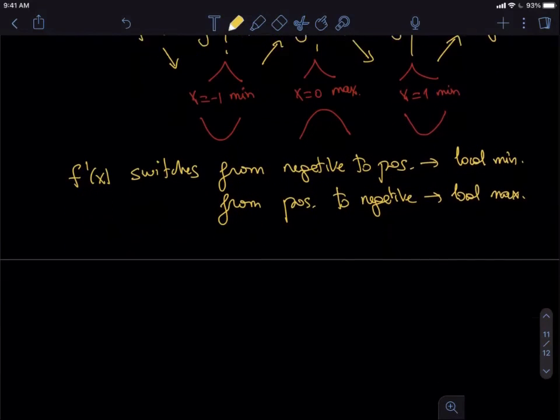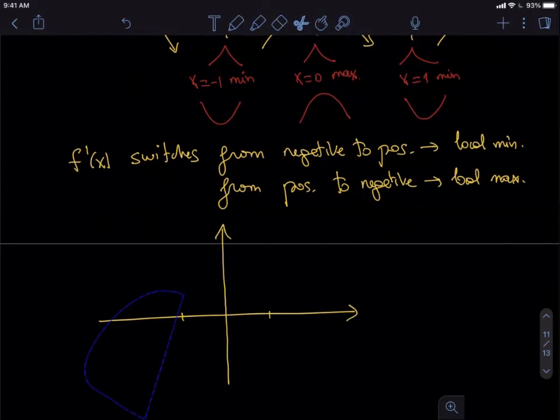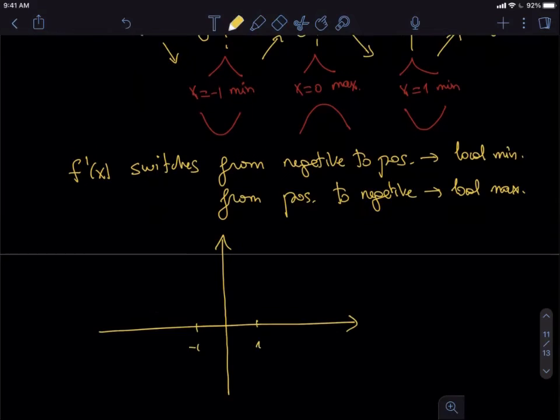Okay, and with this information, we can really sketch the function because we have the 3 critical points, right? And we have the values at the critical points, at -1, 0, and 1.